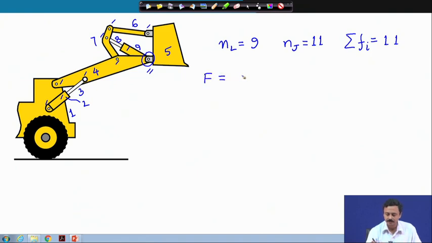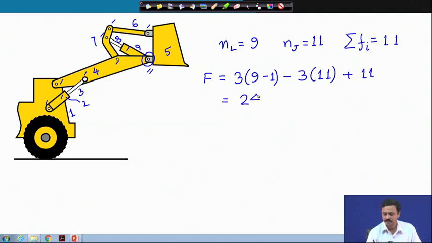Therefore, degree of freedom is 3 times (9 minus 1) minus 3 times 11 plus 11.